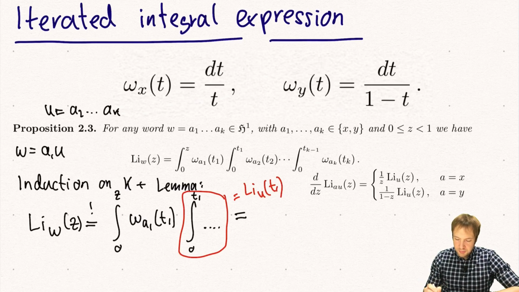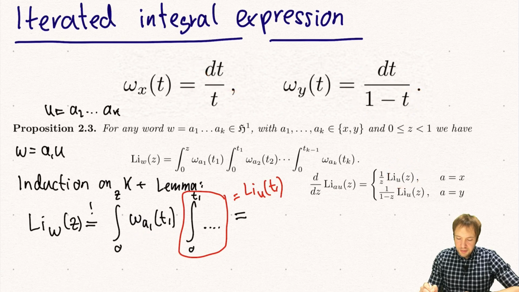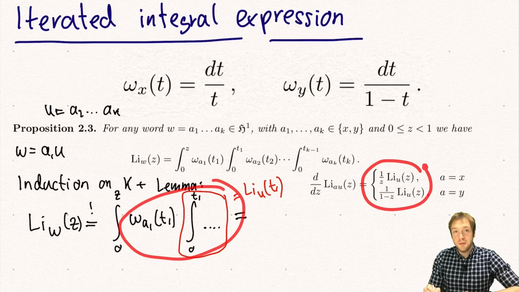But here now, so we have Li u, and this omega a1 here either has the term 1 over t or the term 1 over 1 minus t, depending on the letter. So here we exactly have one of these two cases, depending on the first letter of the word.